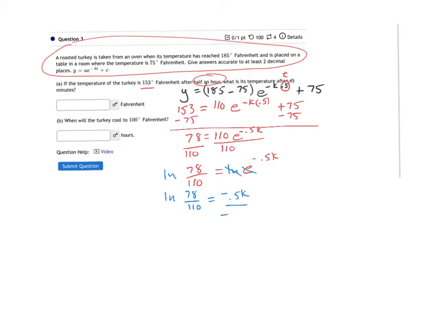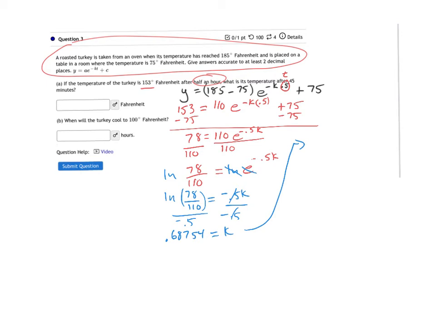If you divide by negative 0.5, you want to make sure that you leave it in this form when you do that, because you want k to be accurate, and I'm going to go to 5 decimal places. So when I do that, k will equal 0.68754.